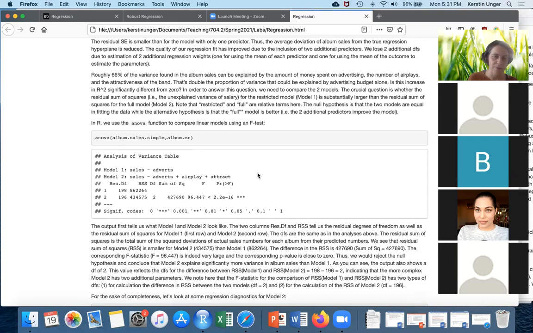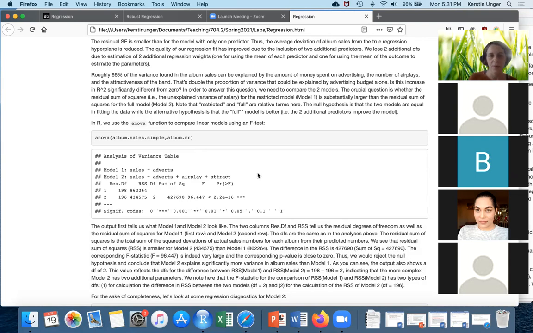For example, in this case, we noticed that when we included only one predictor, the R squared, our explained variance, was not very large. And we were hoping that we can explain a little bit more of what determines the number of album sales. So we included additional predictors in our model.